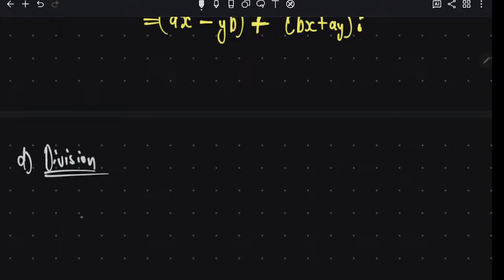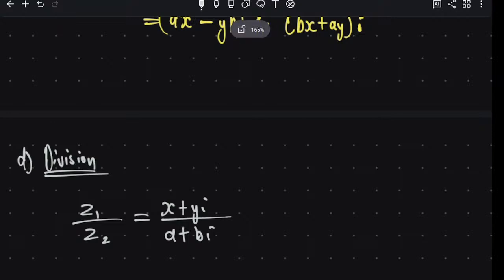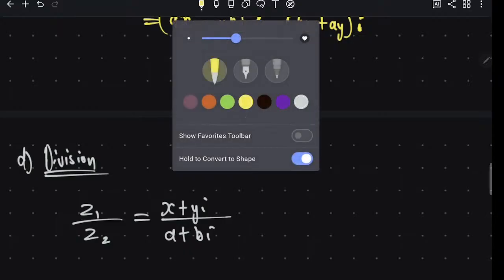What is Z1 divided by Z2? X plus YI divided by A plus BI. How do we divide? The only way to divide two complex numbers is like what we were doing for surds.